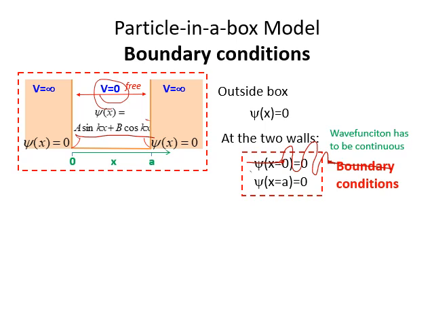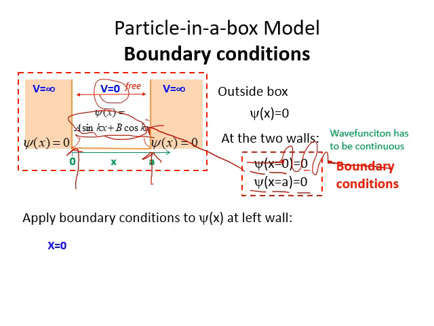So the wave function when x is 0, at this point, is 0. The wave function when x equals a, at this end, also goes to 0, so that it continues to be 0 outside. We are going to apply these two boundary conditions to this wave function and see what happens.